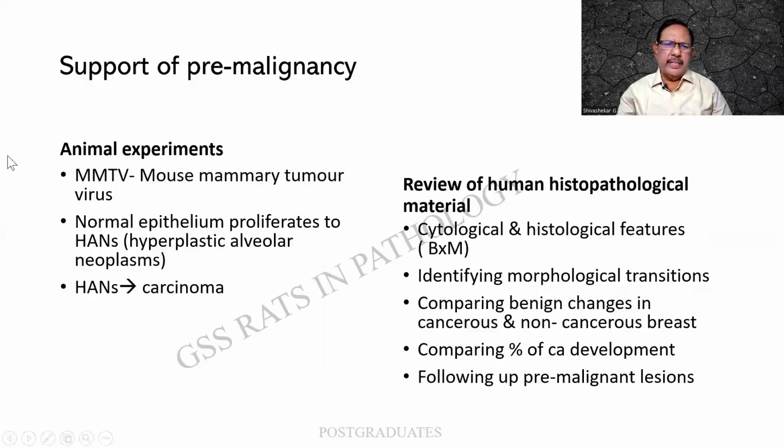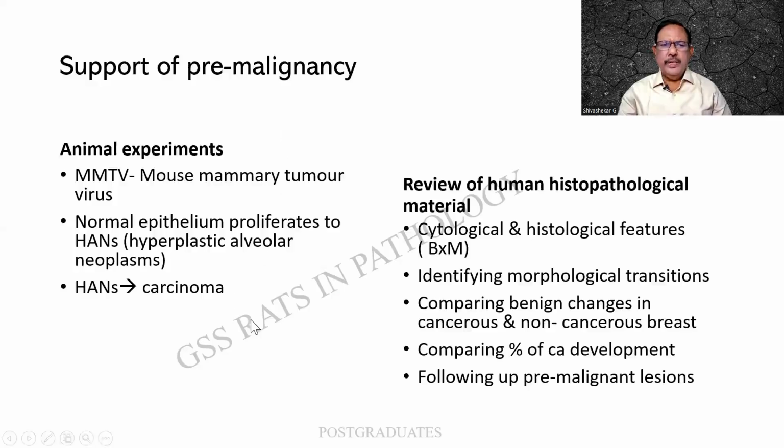Earlier, animal experiments, as I had mentioned in the first slide, had been seen to play a role, as in the case of the mouse mammary tumor virus, earlier called the bittner milk virus. There is a normal epithelium which proliferates, and hence there is a hyperplastic alveolar nodule which can arise out of it. And these subsequently result in a carcinoma.